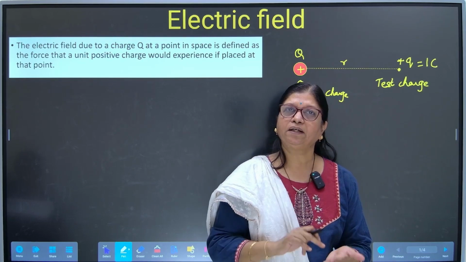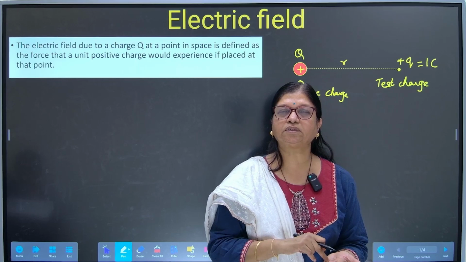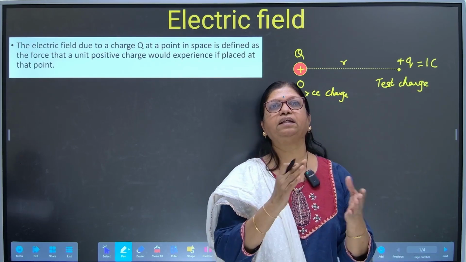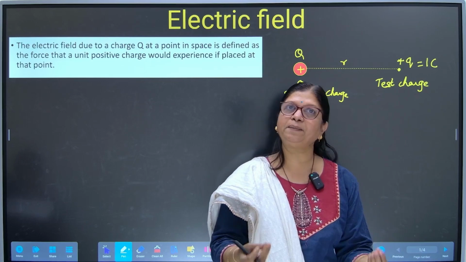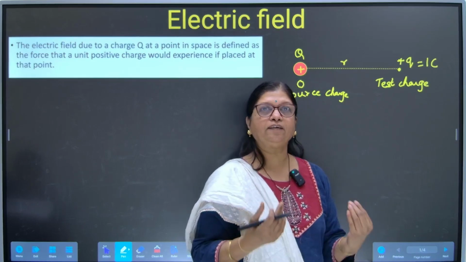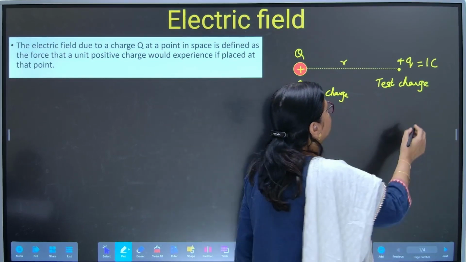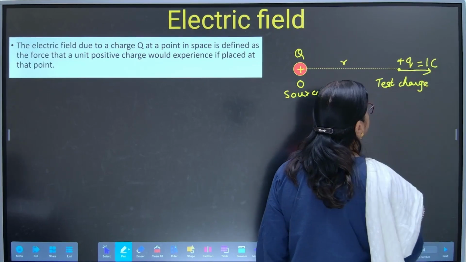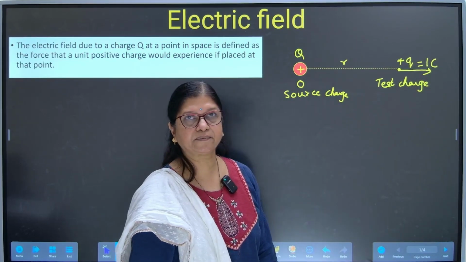From Coulomb's law of forces between two charges, definitely these two charges will repel each other. So they will repel along the line joining these two charges.